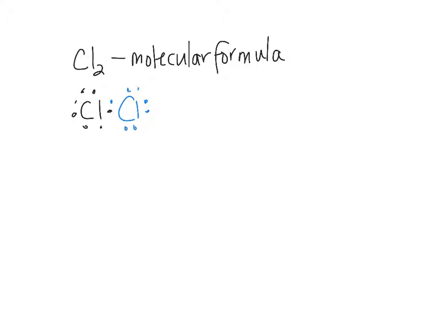So Cl, chlorine, has 3 lone pairs. A chlorine atom has 3 lone pairs and 1 unpaired electron. It will make a bond so that that unpaired electron has a partner. So this is a Lewis structure for Cl2.